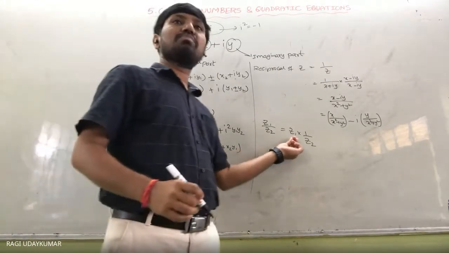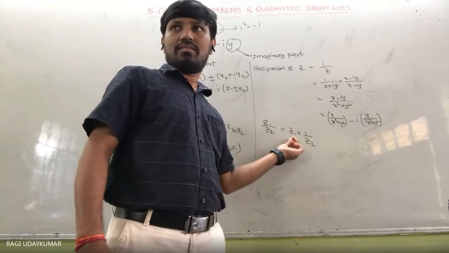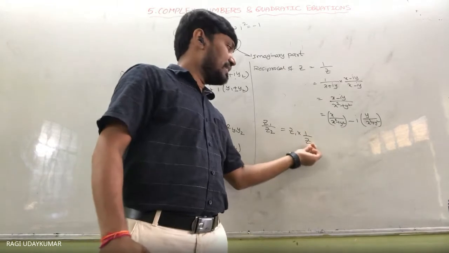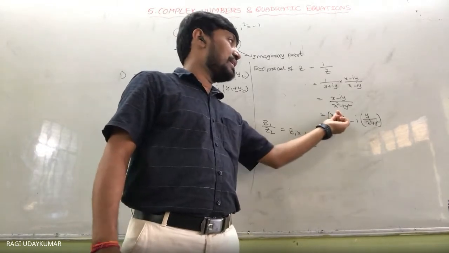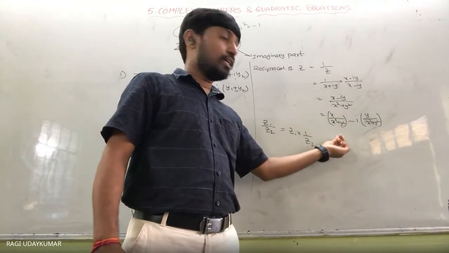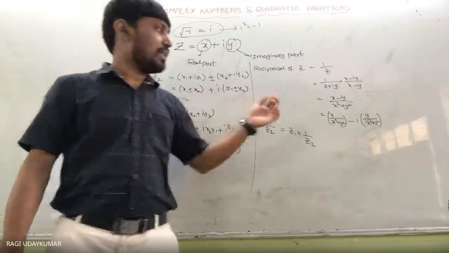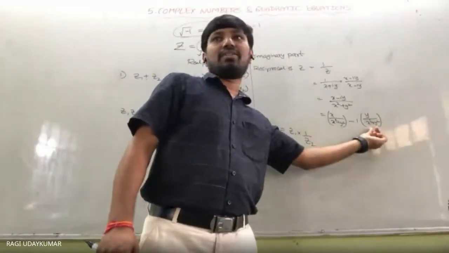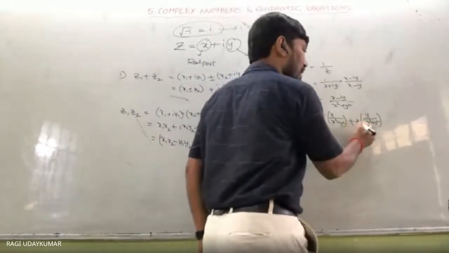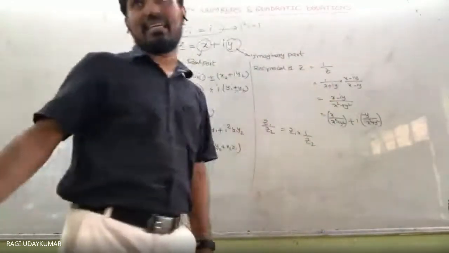So ये क्या है? x1 plus iy1, ये 1 by z2 क्या आएगा? x2 by x2 square plus y2 square. One example you can take and you can consider it. So this is a real part, this is the imaginary part. And if you are taking the imaginary part also, better you take the minus y.